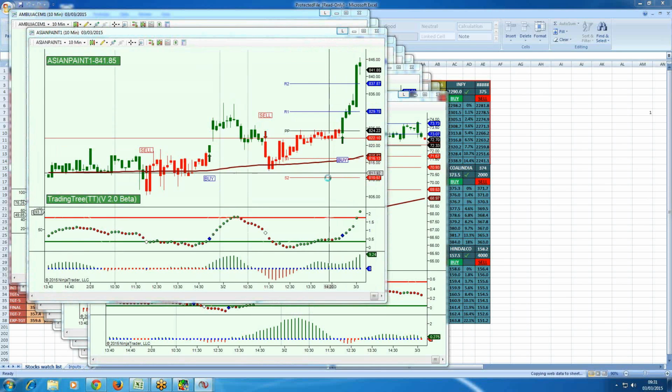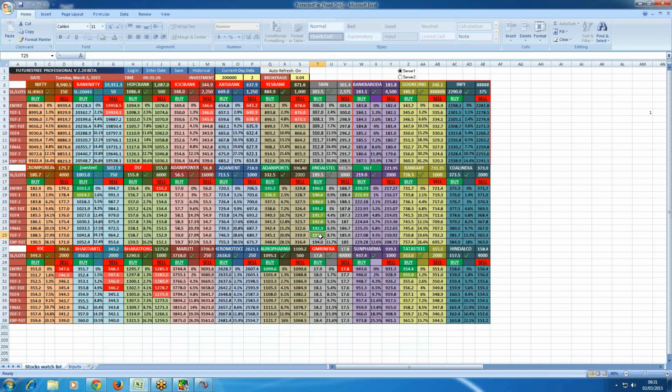So I've just opened the scripts. Now you can see that Jindal Steel has already done its target 7.